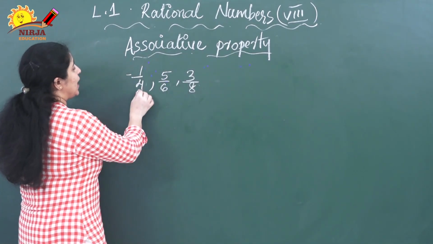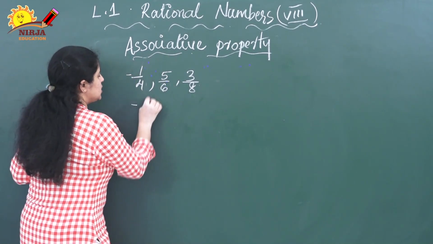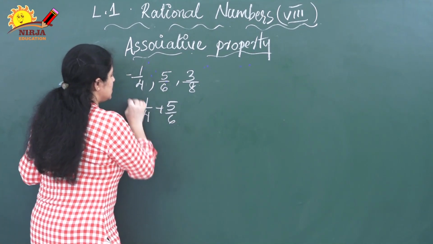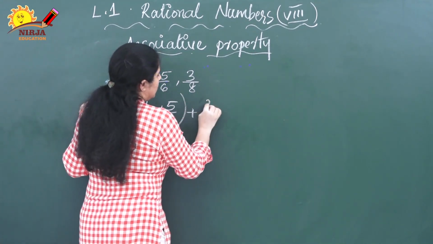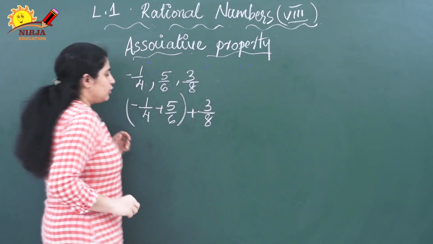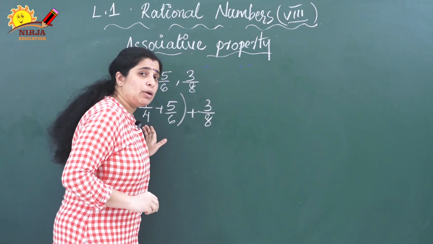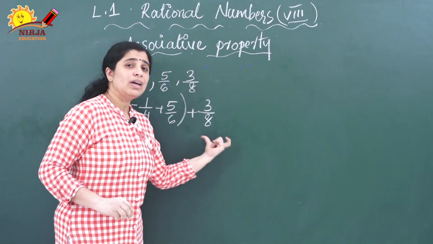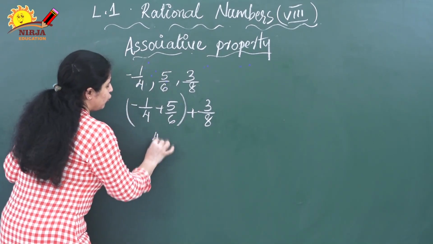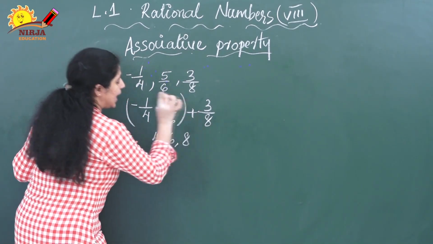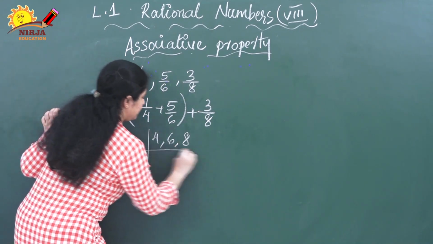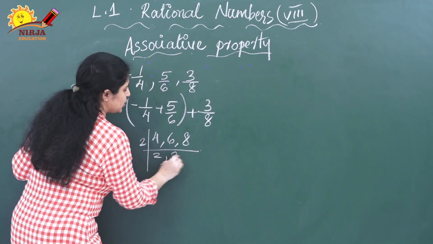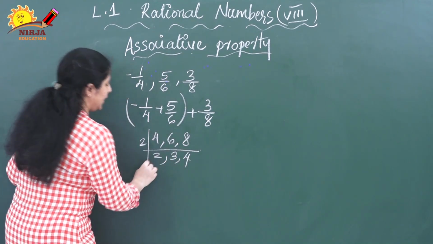First I am going to add these two numbers, that is -1/4 plus 5/6 plus 3/8. For this I will find the LCM of these three numbers: 4, 6 and 8. 2 2s are 4, 3 2s are 6, 4 2s are 8.